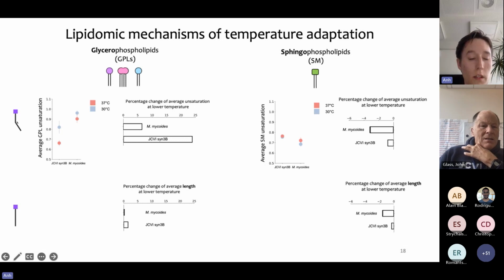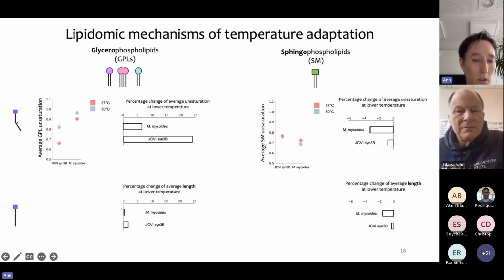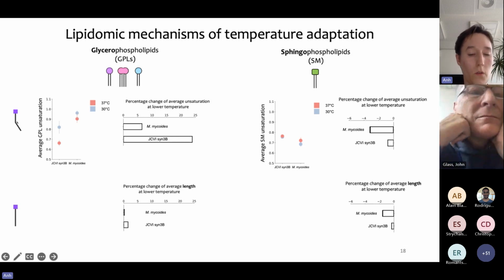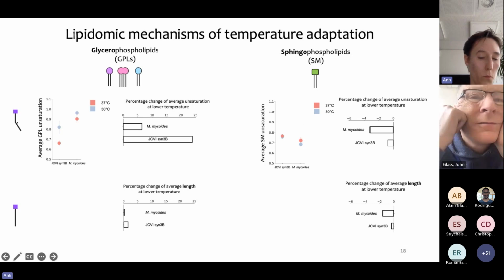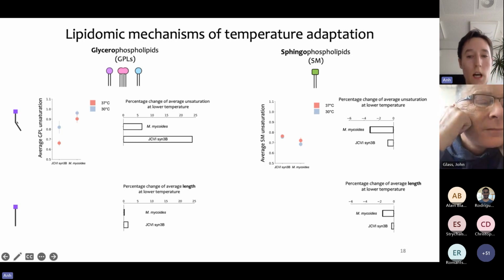While in general length is more conserved and less modified than the unsaturation in both glycerophospholipids and sphingomyelin, we can again see that for sphingomyelin, Mycoides still undergoes some shortening of acyl chain length at lower temperature, while Syn3B pretty much stays constant. And for glycerophospholipids, Syn3B tries to adjust the acyl chain length a little bit more than Mycoides does.